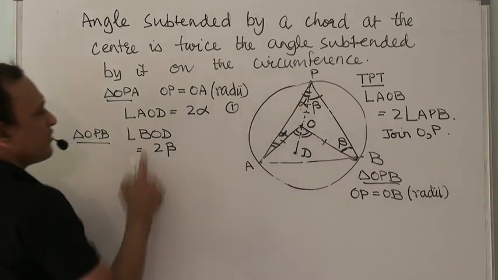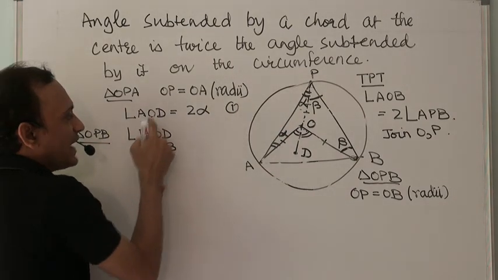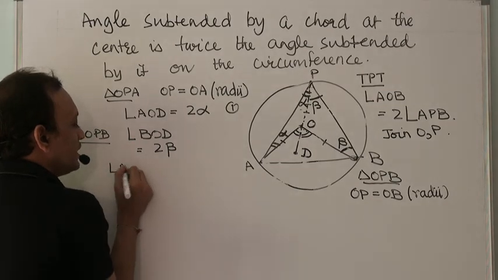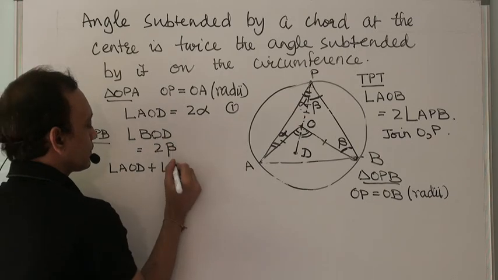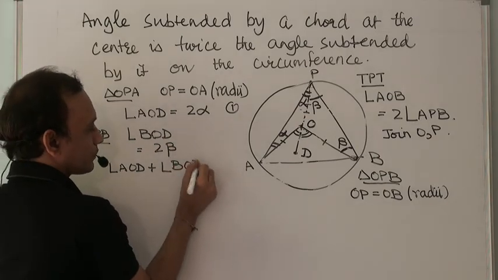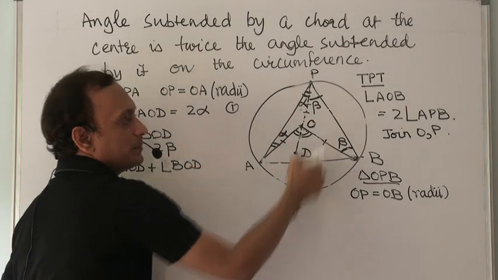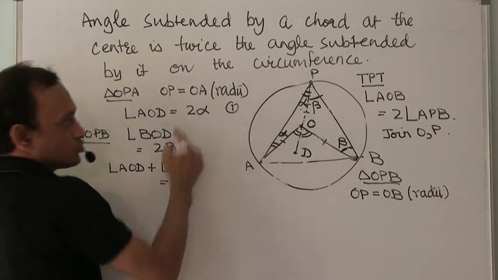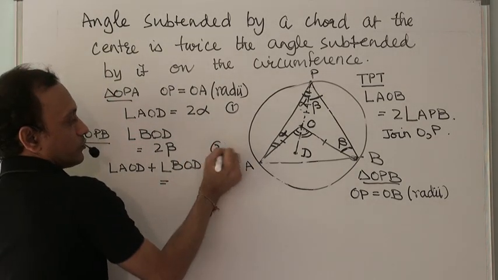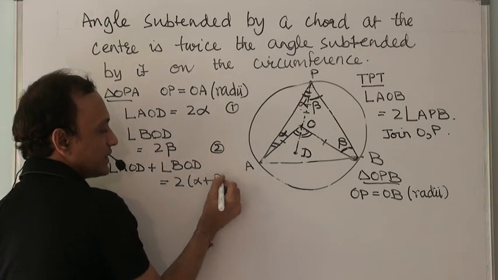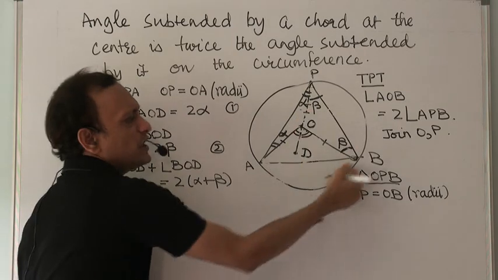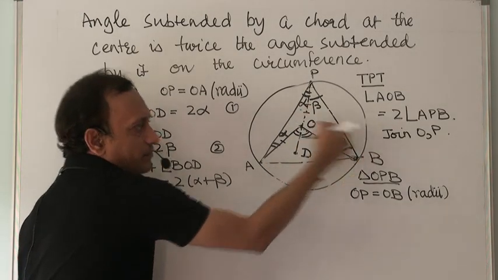And then if I add these two, angle AOD plus angle BOD, what does this turn out to be? Twice alpha plus beta, right? But what's AOD plus BOD? That's angle AOB.